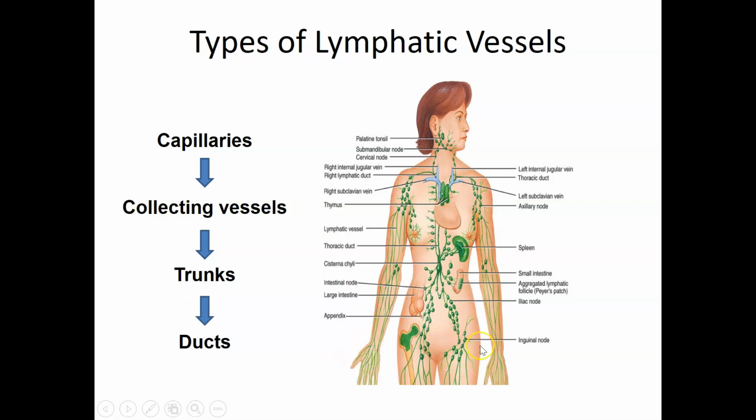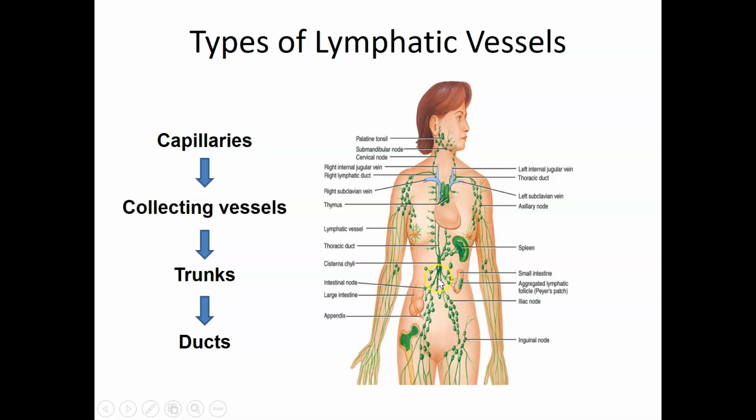The collecting vessels are more common, and one of the features of them is they have these lymph nodes along their way. So these kind of bumpy structures are the lymph nodes along the pathway of lymphatic collecting vessels. The lymphatic collecting vessels are going to merge into trunks, which are larger vessels.